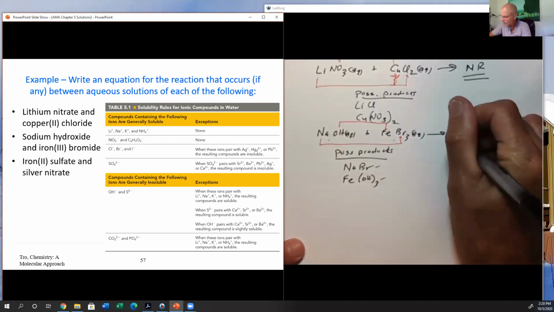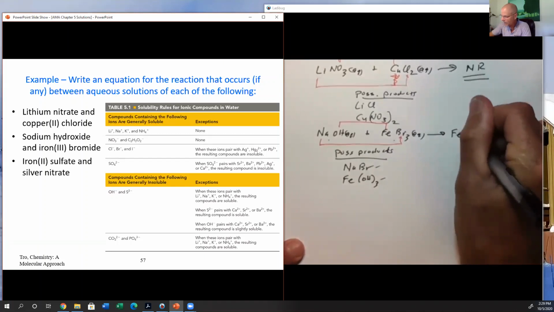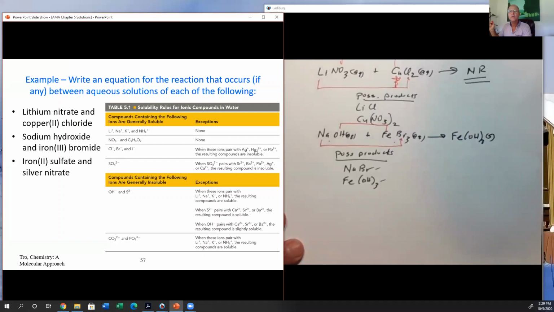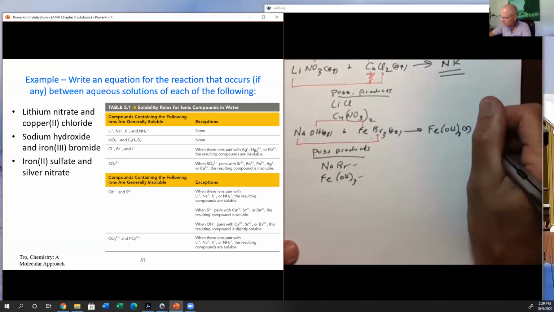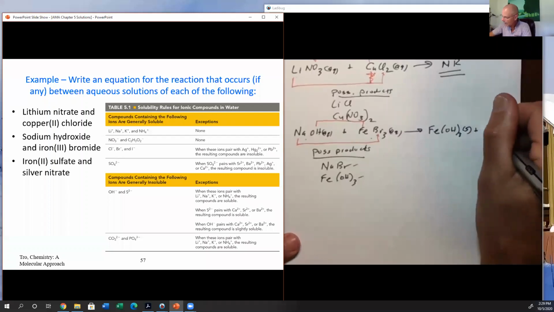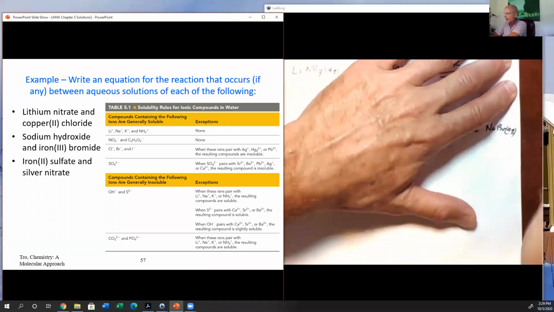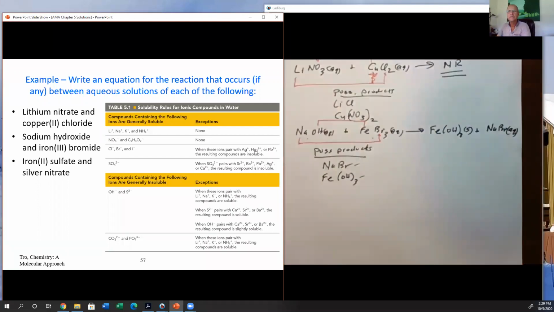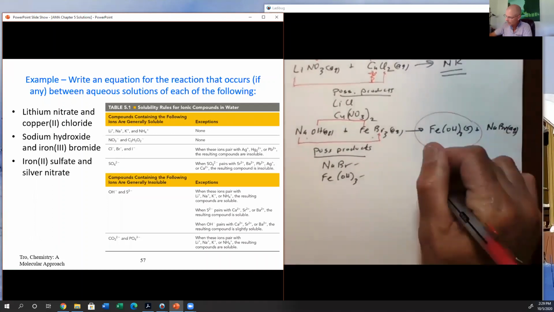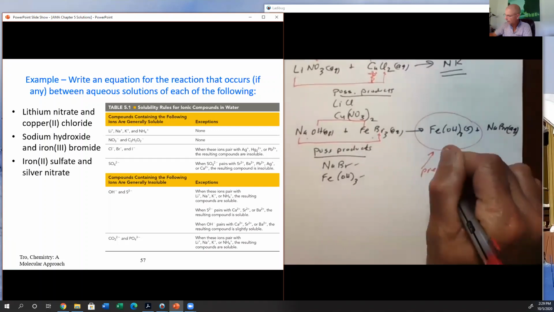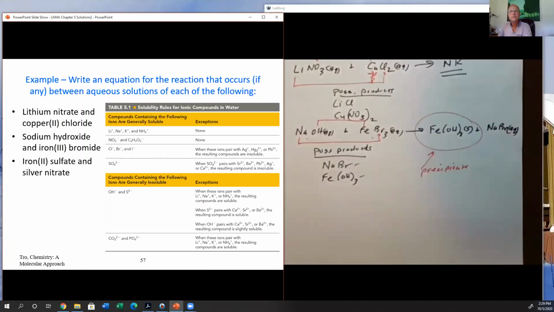What are the products going to be? Fe(OH)3 solid. I write the s there to show that that's my precipitate. Plus NaBr, but that's going to just be aqueous, because that's not a precipitate. So this is my precipitate. Does that make sense?